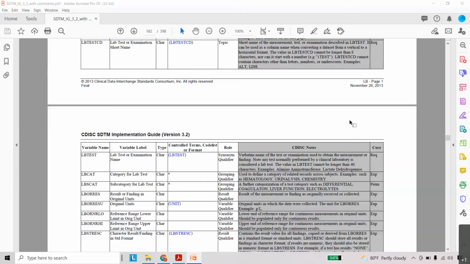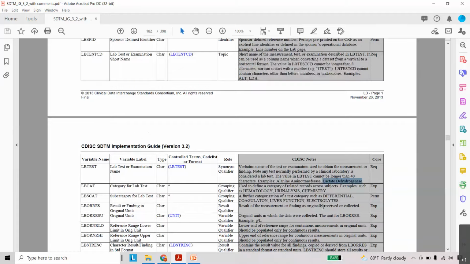So LB test contains these test names. Examples given here are alanine aminotransferase or lactate dehydrogenase. There is one question: on which basis will the test be decided? It is based on the study requirement and the study discussion groups, and the tests are decided for the testing purpose.